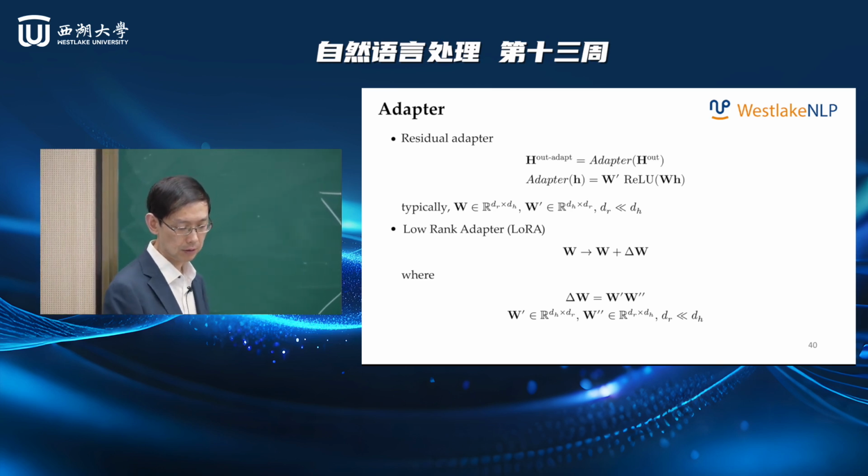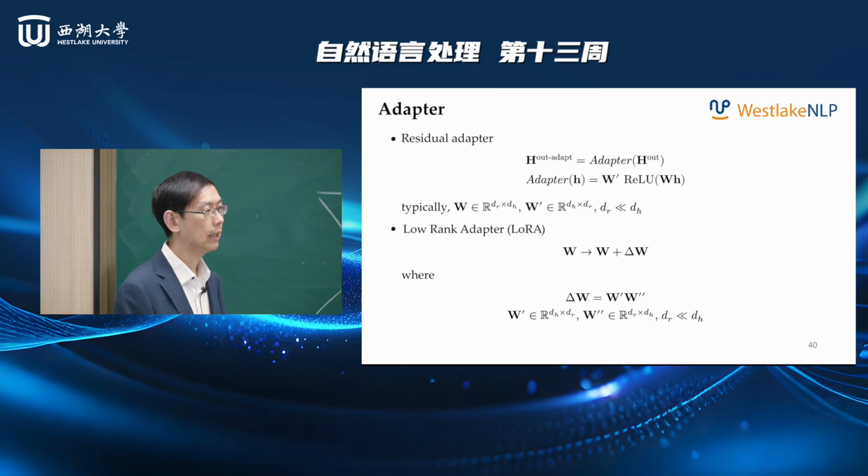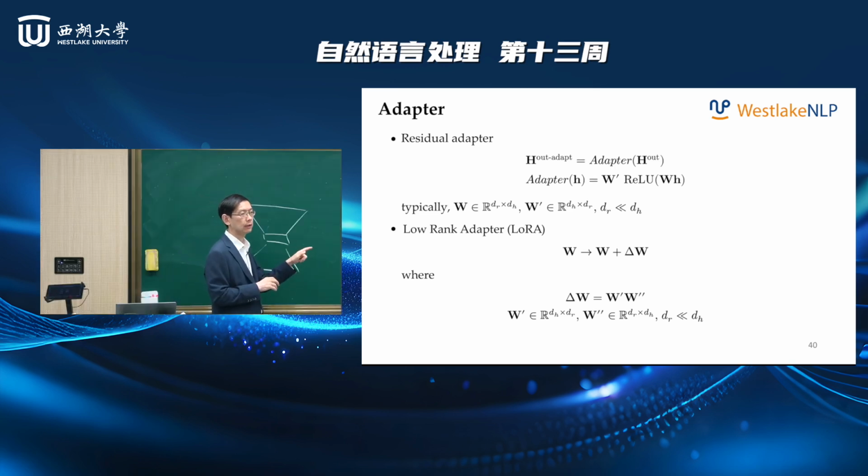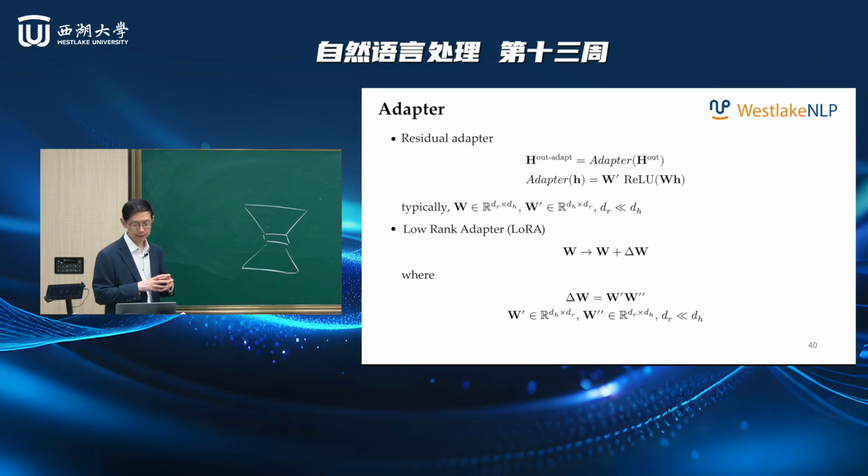For all these matrices, you can add an adapter, changing W to delta W. You can achieve this delta W by doing dimensionality reduction and recovery.